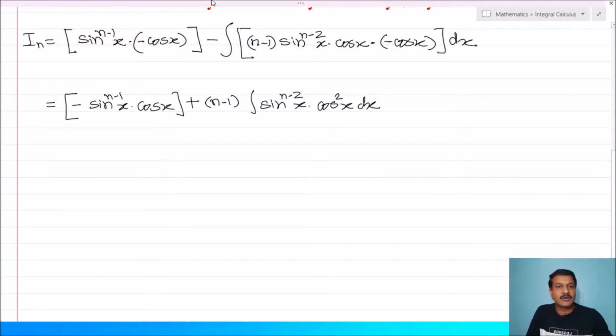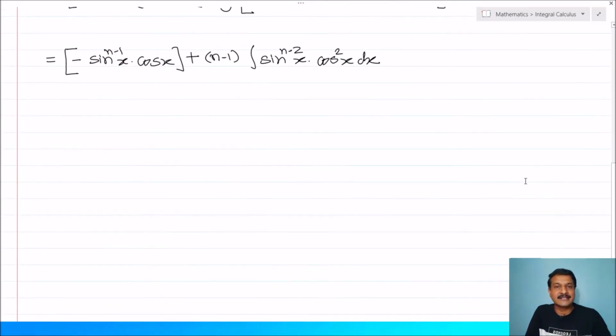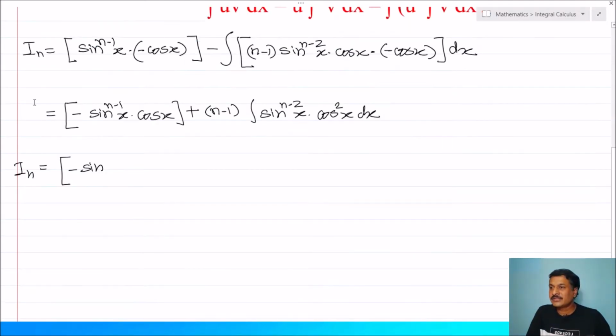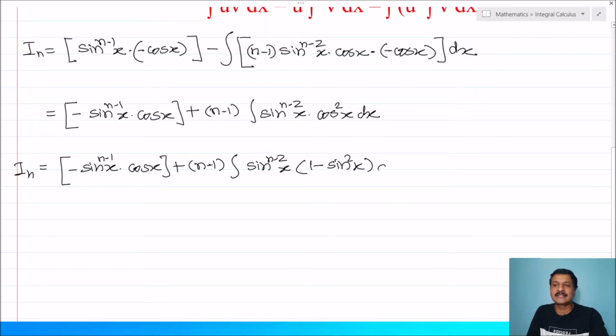As we know, sin square theta plus cos square theta equals 1, and that is why cos square x I can write as 1 minus sin square x. Therefore I am getting I n equal to, in bracket, minus sin x raised to n minus 1 into cos x plus n minus 1 integration of sin x raised to n minus 2 into 1 minus sin square x dx.